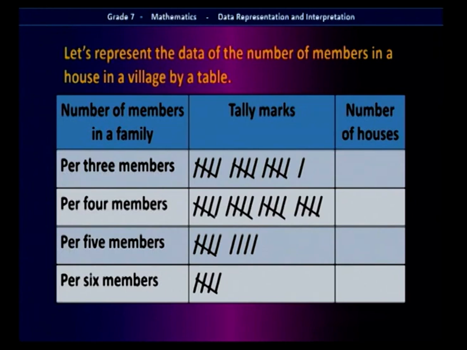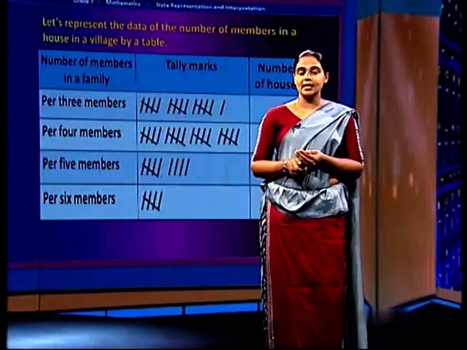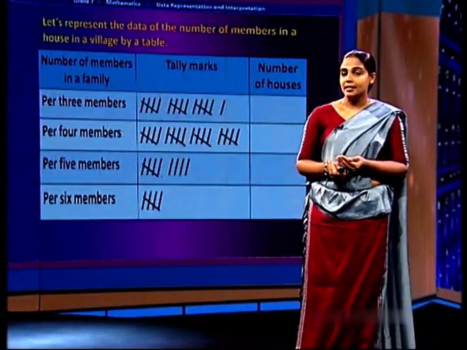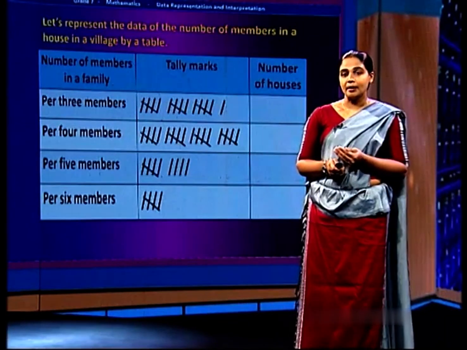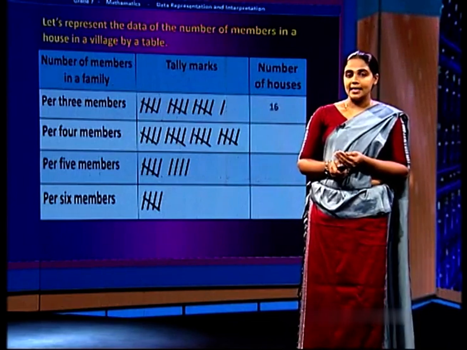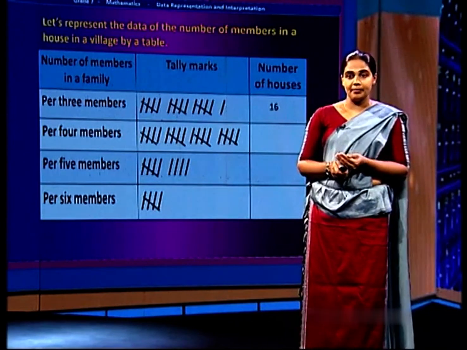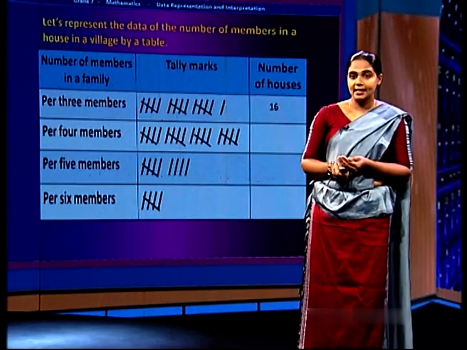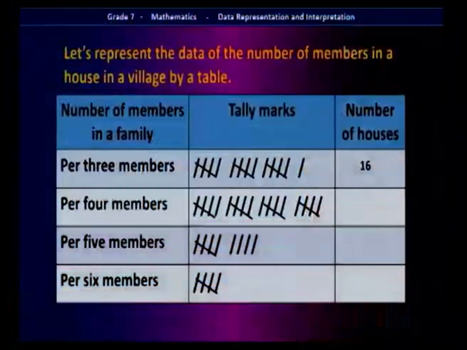Here you can see tally marks. After marking tally marks and collecting the data, you can fill the next column. It is the number of houses. Then count the tally marks. Per 3 members it is 16. Per 4 members it is 20.